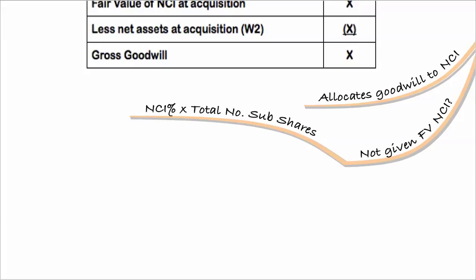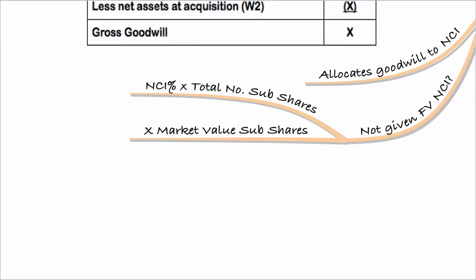Basically, that, remember, gives you the number of shares the NCI owns. We then multiplied that by the market value of those shares, so the market value of the subsidiary shares. And that gives you the fair value of the NCI at acquisition.